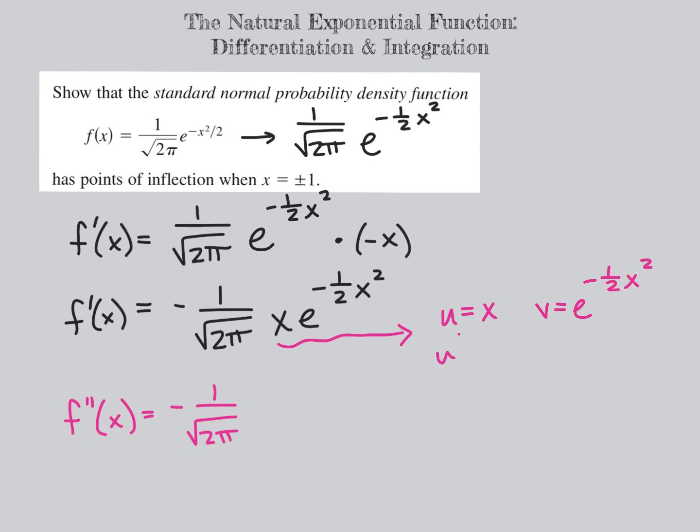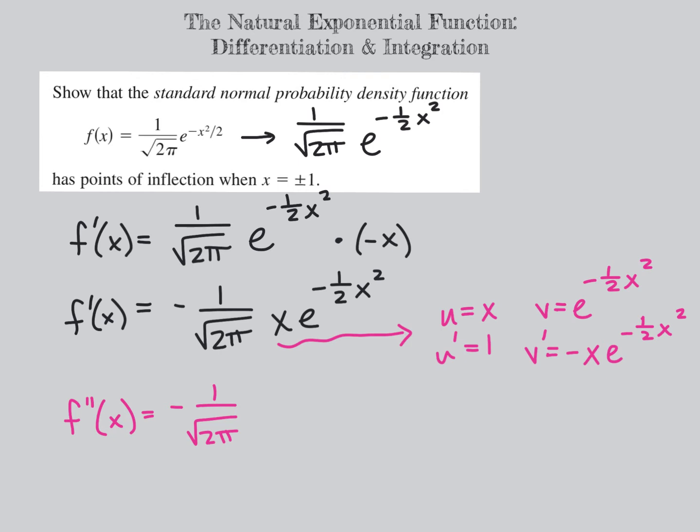Then u prime is simple, it's just 1. And v prime, we actually already found the derivative of this. It is negative x e to the negative 1/2 x squared. Recall we already found this derivative up here when we took the derivative of this term.